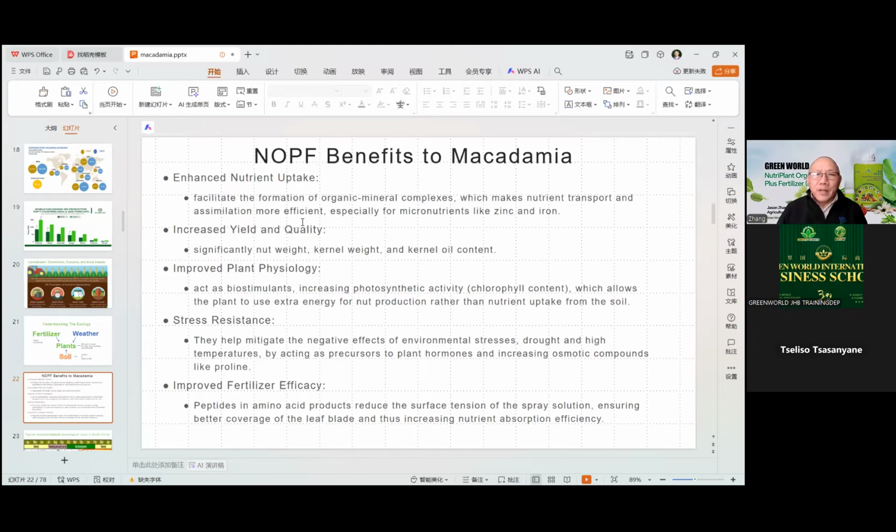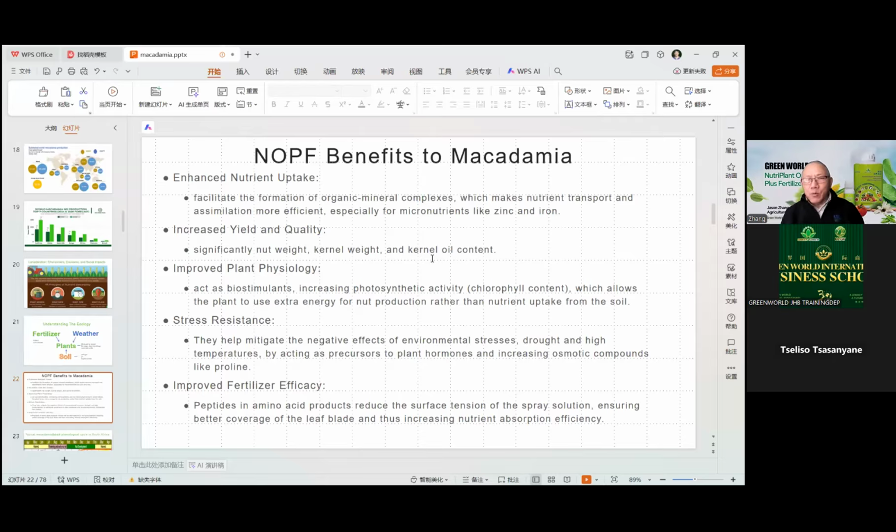So if you understand your system, then you will think, okay, now I need to use some NPK conventional fertilizer as the base for the soil, and I need to spray NOPF for the plants in the canopy. These are so important. They give you so many benefits.